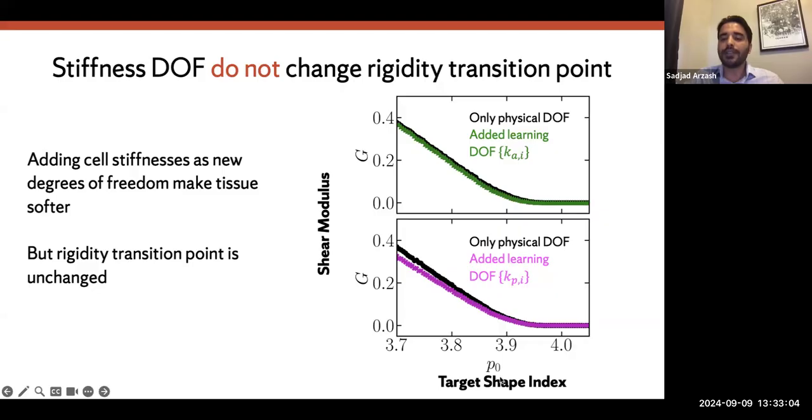In this case, since I focus on stiffnesses, this target shape index is uniform, so it is the same for every cell. We can see that although you can get a slightly softer tissue, you cannot tune where the rigidity transition is. So these stiffnesses aren't important for tuning where this rigidity transition is in this set.